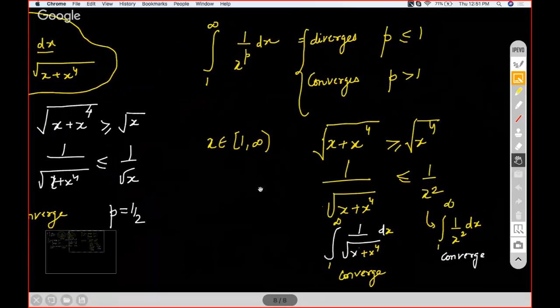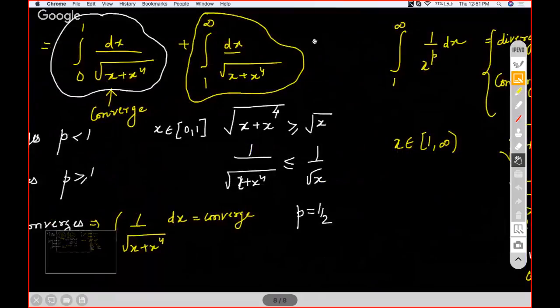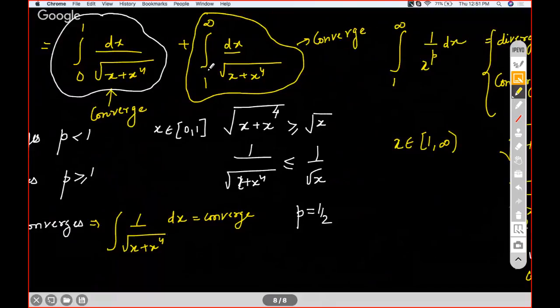Now, in this case, you have to be very careful. You have to try your best to see whether both converge together or both diverge together. Because if one is converging and the other is diverging, you cannot comment upon their sum. The question is, if one is converging and the other is diverging, what will happen to their sum?